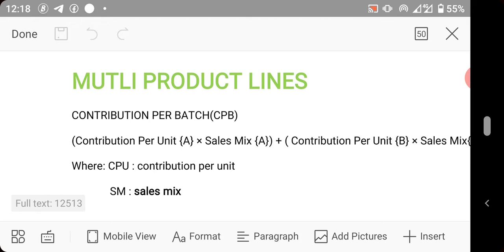Now we will designate each of the products using alphabets.